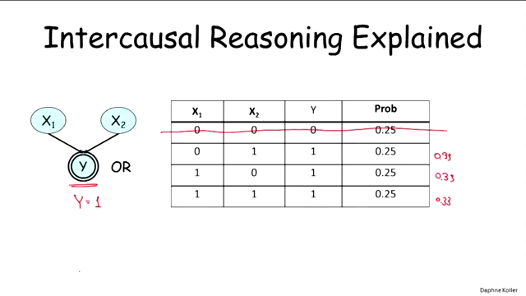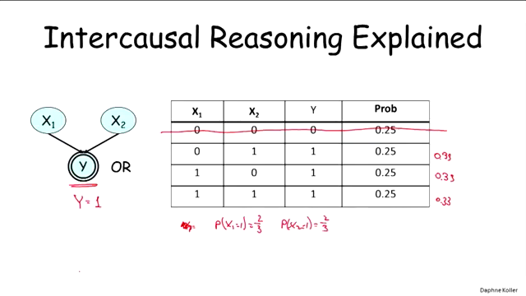Why is that? Actually, before we condition, in this probability distribution, the probability of x1 equals 1 is equal to 2/3, and the probability of x2 equals 1 is also equal to 2/3.